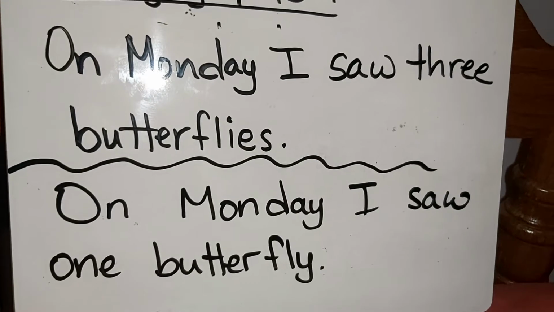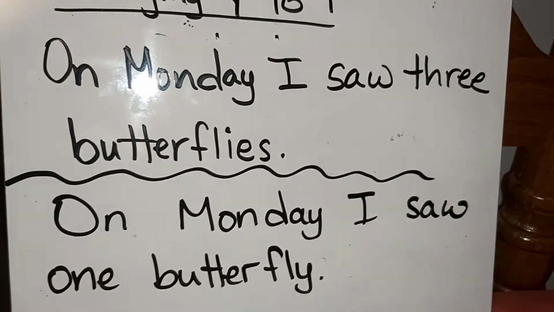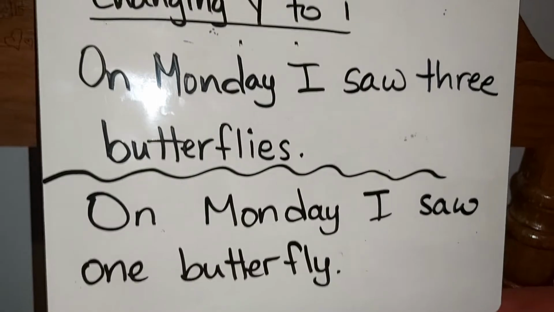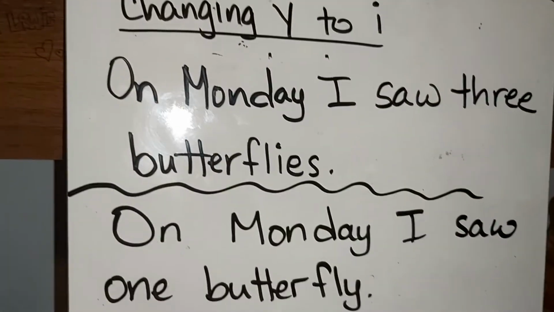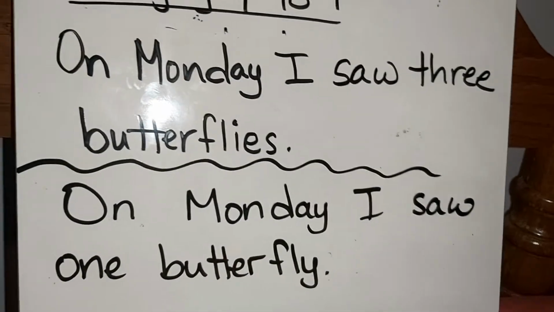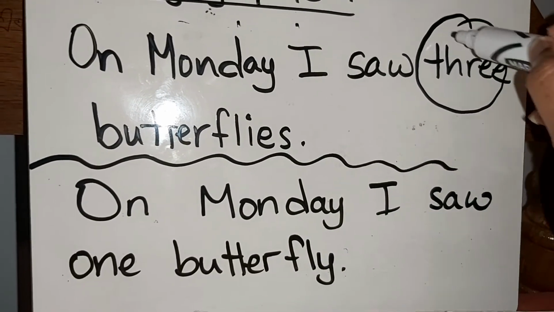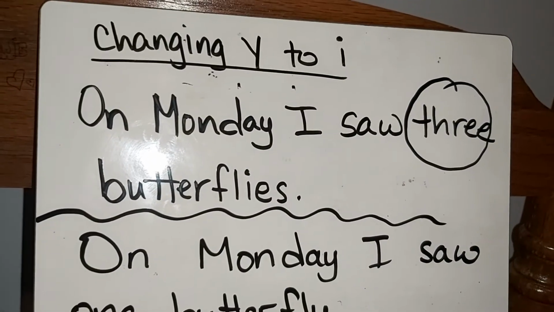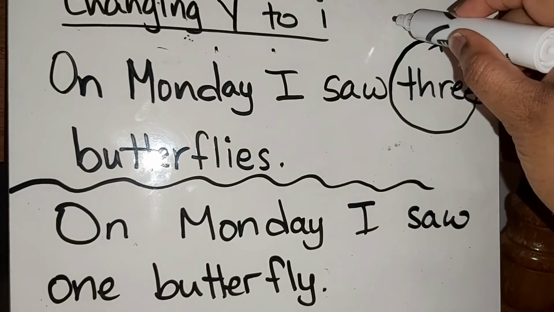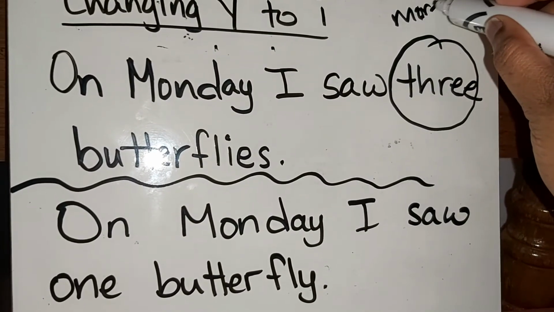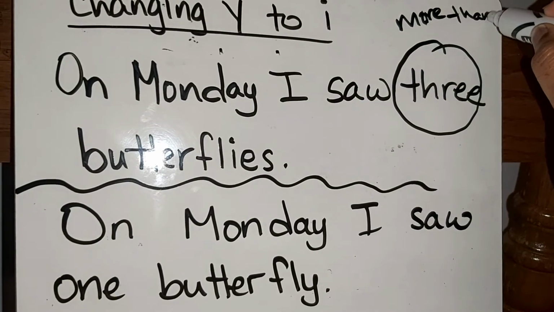If the first thing you said were that they have special words in these sentences, you're absolutely correct. So our special word here in the first sentence is the word 3. 3 lets you know that it's more than 1.